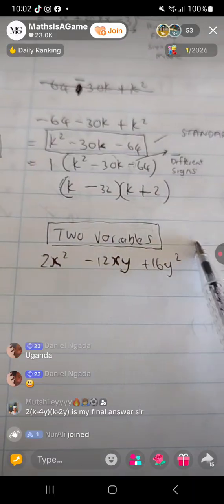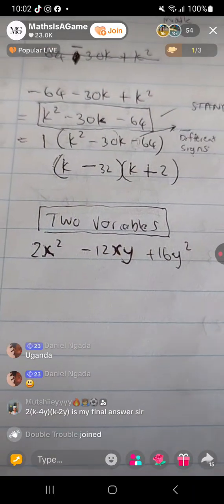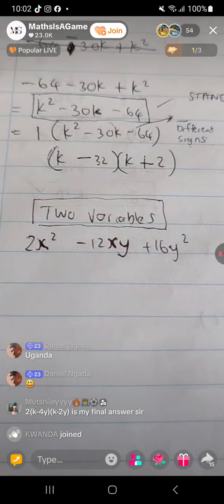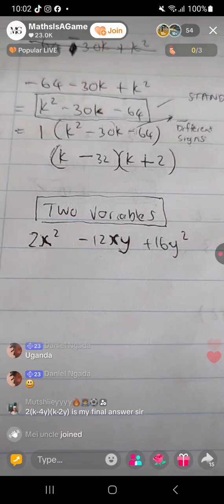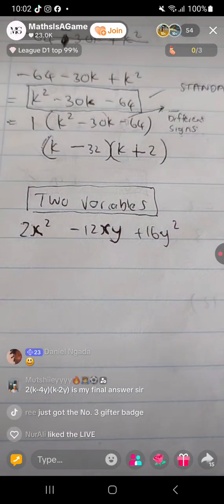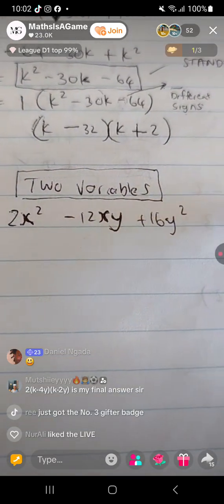Now, this is also a trinomial. It is quadratic in nature, and we can also factorize this quadratic trinomial.